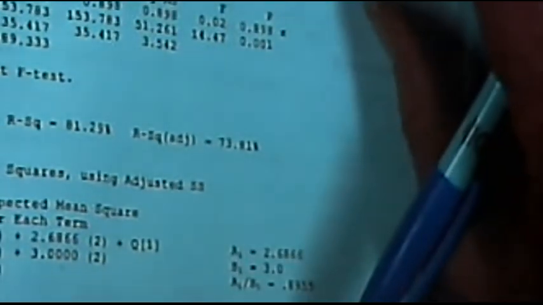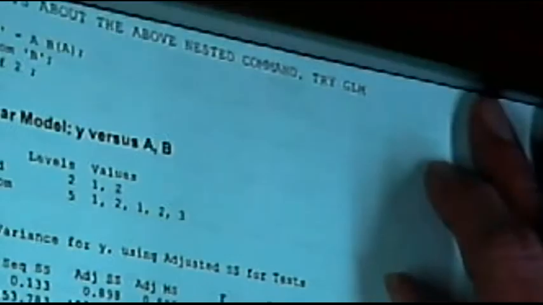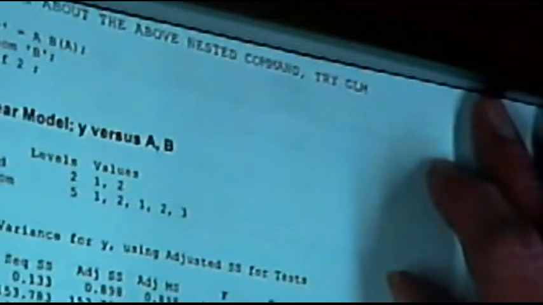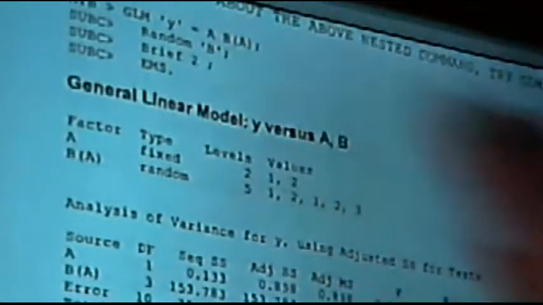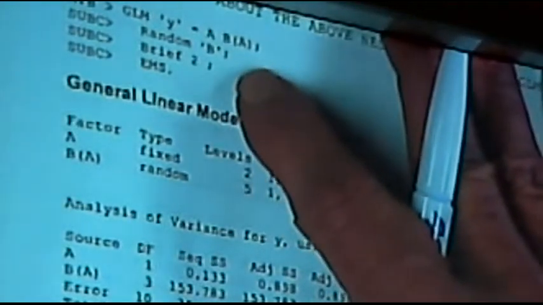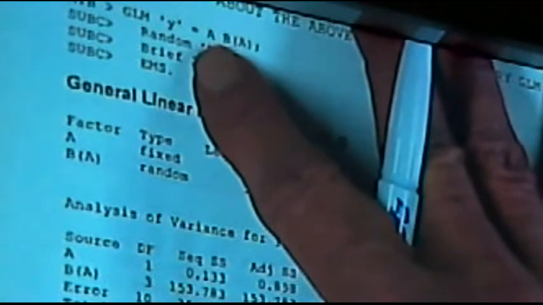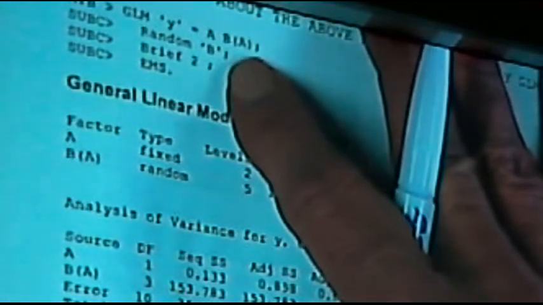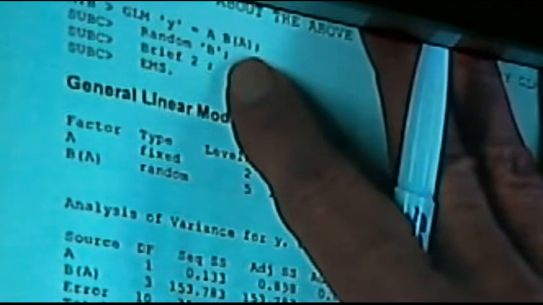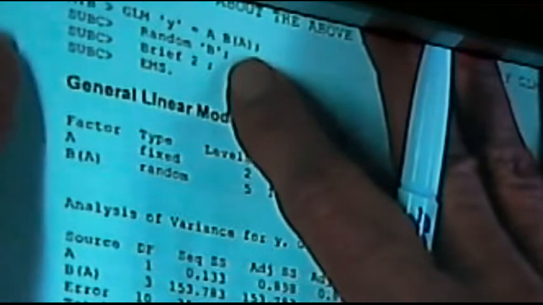So after I had that output, I'm on the last page, page 8 of this handout now, it said, I have doubts about the above nested command. Let's try GLM. So then I tried GLM y equals a, b nested in a. Notice I'm using the nested syntax here to indicate to Minitab that factor b is nested in factor a.